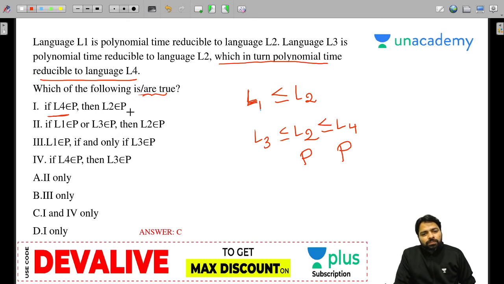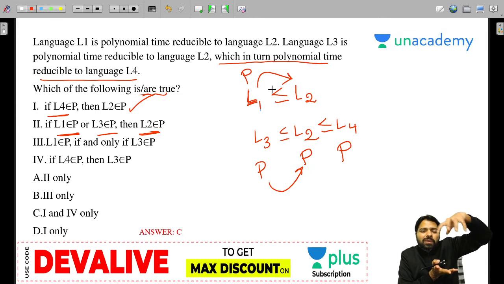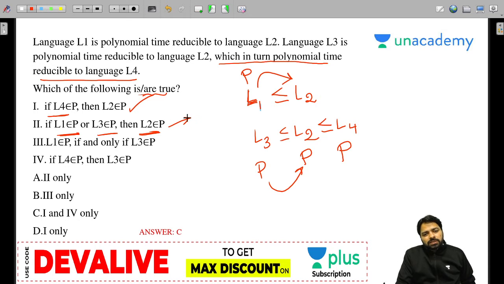So this is true. Next, L1 belongs to P or L3 belongs to P: can you guarantee L2 belongs to P? No guarantee. If the module takes polynomial time, the project need not. So this is false.